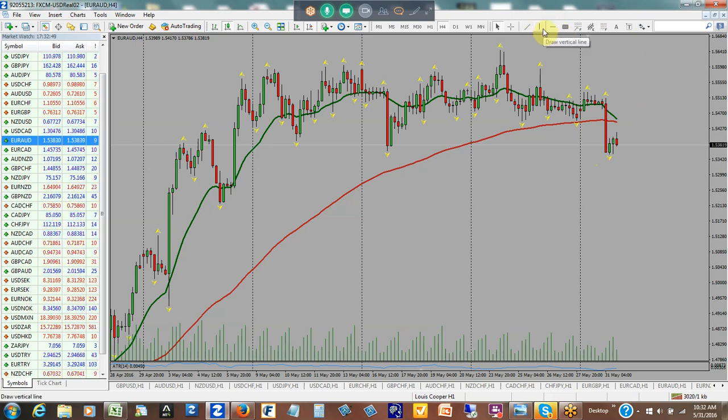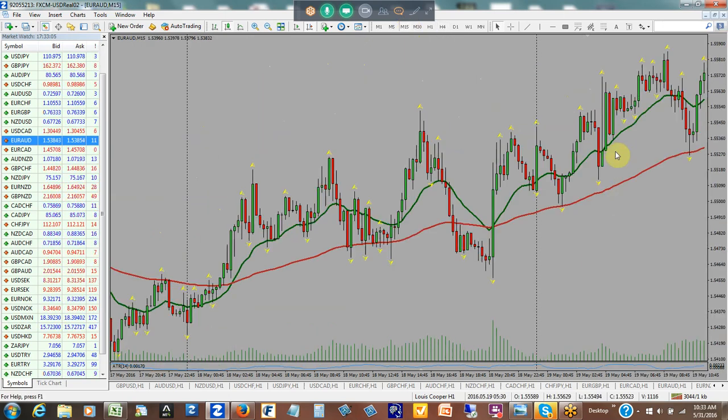All right, that's going to be our pullback right in here. Oh, this thing is quirky, but that's okay. Now I'll go down to a 15, and now I'll be looking for a short below that line or a short heading to that line.